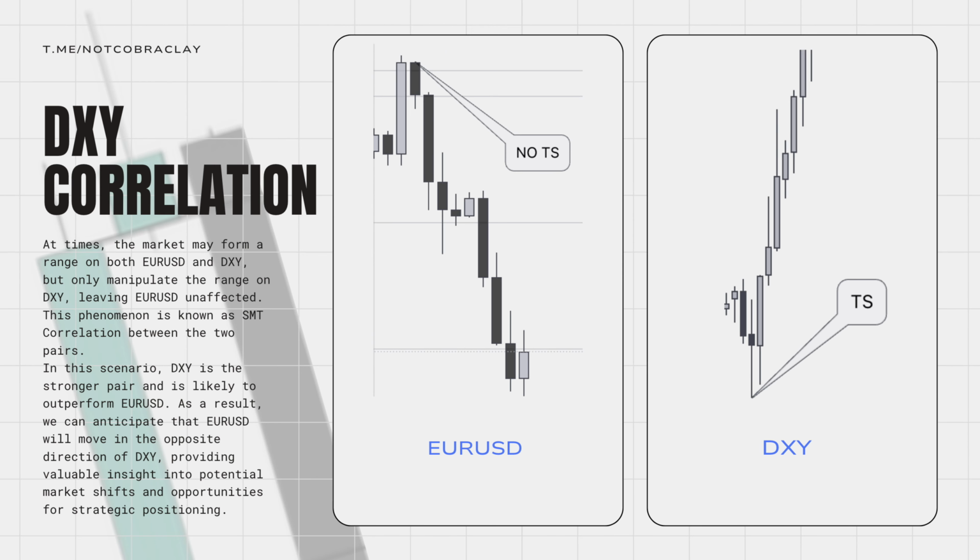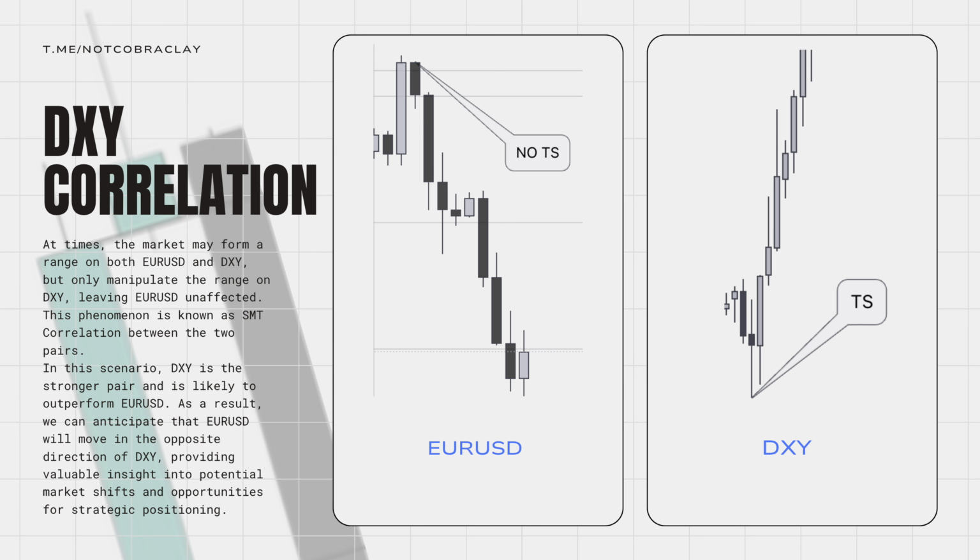Dixie correlations, for those who need more clarification, I will hop over that in the 13 videos about the trading models, and I also hopped over that and had a nice example in mastering candle range theory. At times, the market may form a range on both EU and Dixie, but only manipulate the range on Dixie, leaving Euro unaffected.